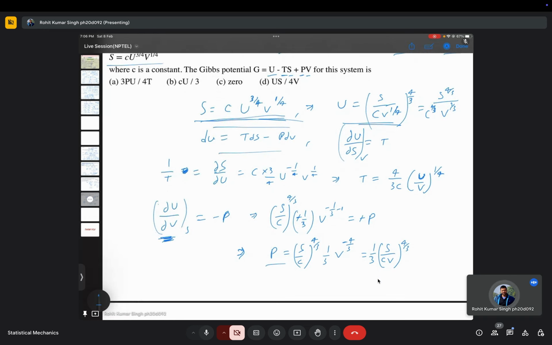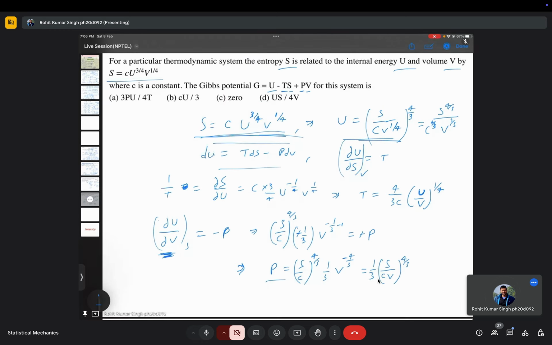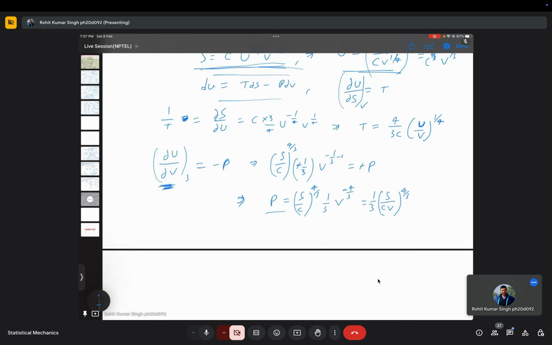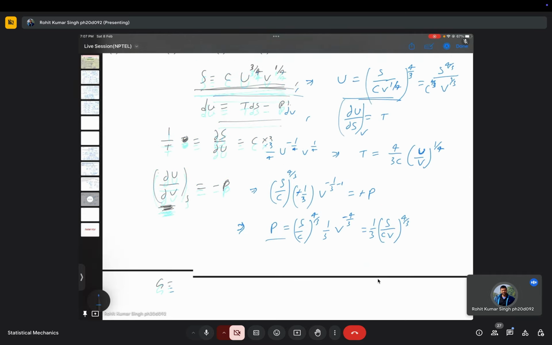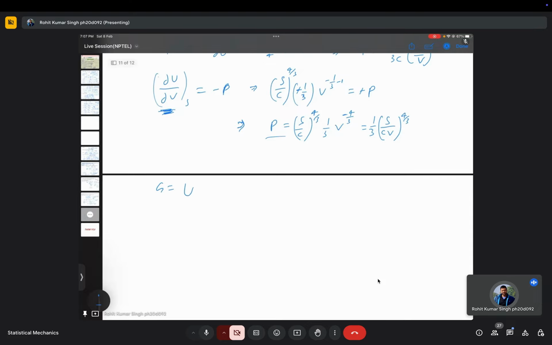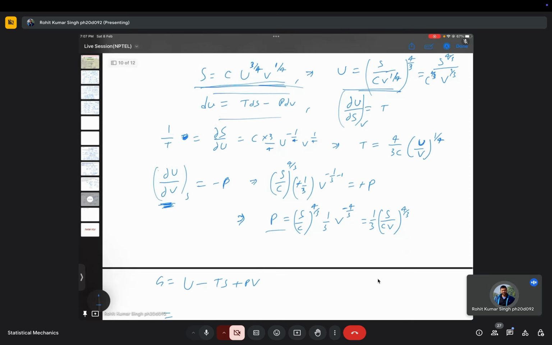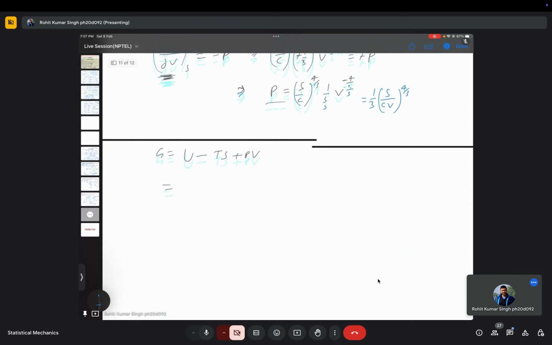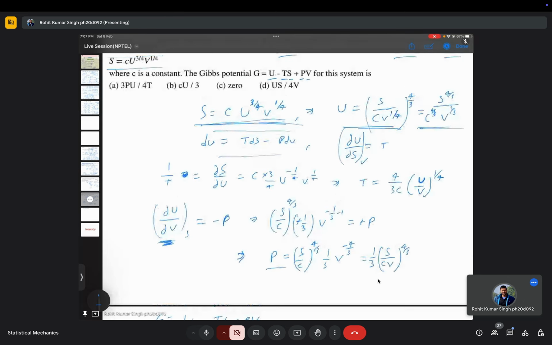So if we try to put them all together, what will happen? Let's see. Gibbs potential energy is U minus Ts plus PV. So this is just calculation now. Internal energy we calculated here in terms of entropy.